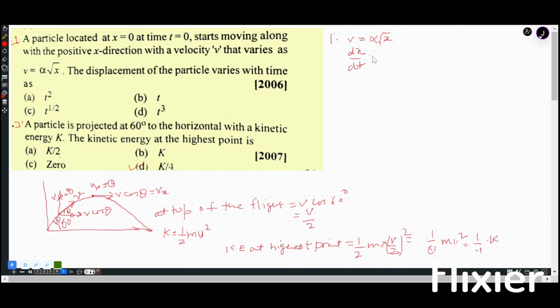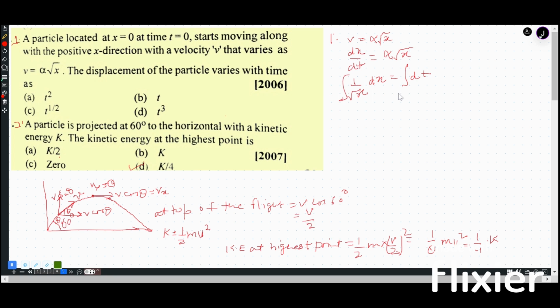Now if we take x on the side of dx, we get 1 by root x dx is equal to alpha dt. If we integrate both sides, we are talking about the integration of x to the power minus 1 by 2.